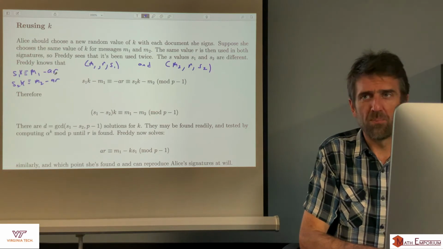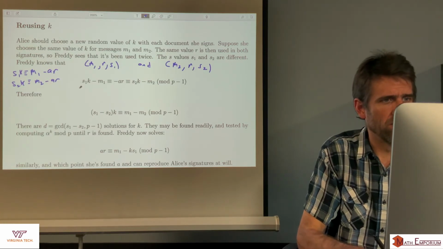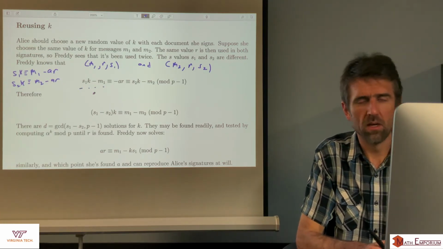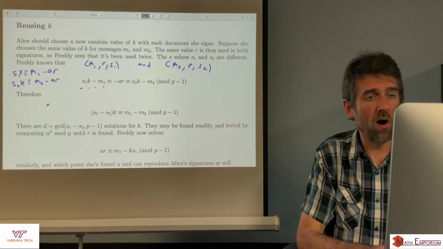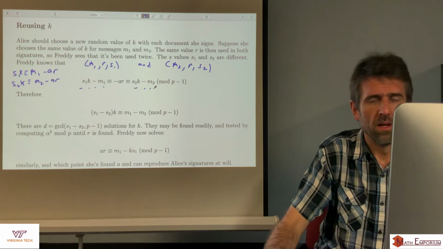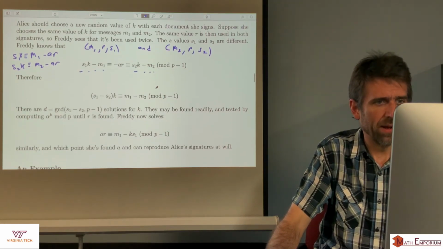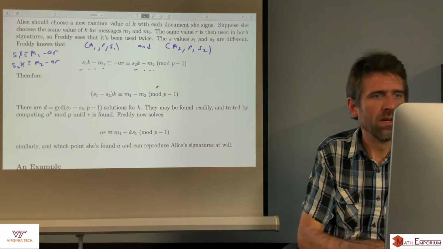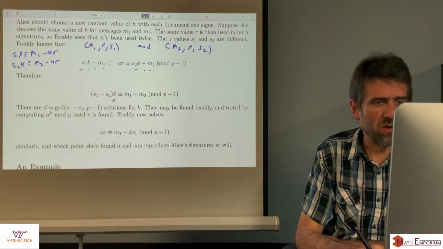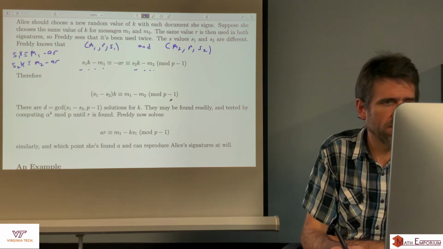But the aR is the same in each of these. So minus aR is congruent to s1 k minus M1, and I'm also going to have that as congruent to s2 k minus M2. So we get this congruence. Now we can cut out the minus aR, and we can write this as a congruence for k. So we'll have (s1 minus s2) k is congruent to M1 minus M2, mod p minus 1.